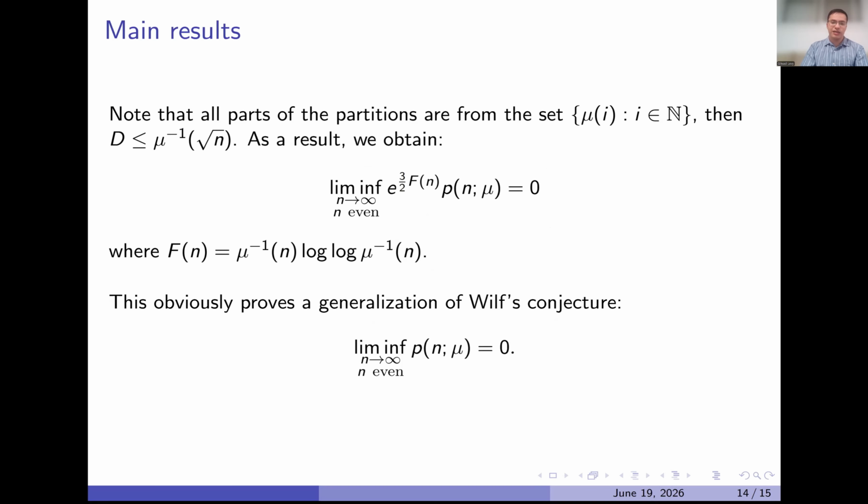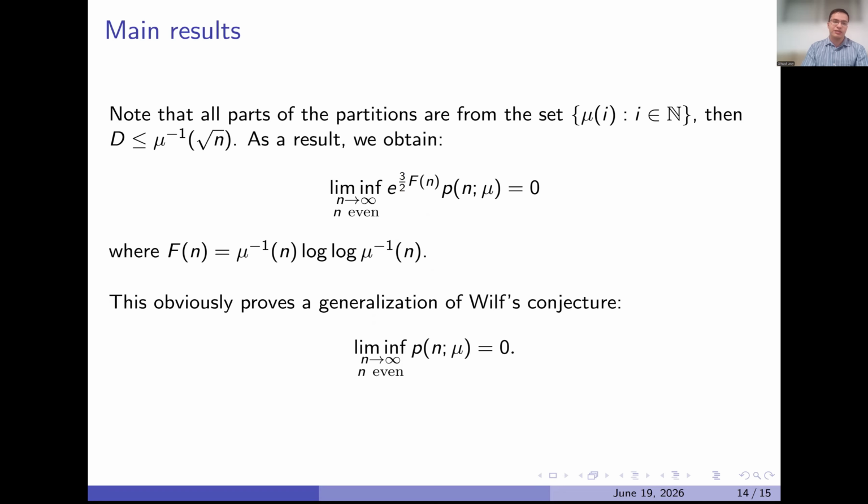Okay, so as a result of our main theorem, we can actually formulate another upper bound in terms only of n and the function mu. Here we denote the probability of a random integer partition of n with the restrictions represented by mu to be graphical by the function p sub mu.